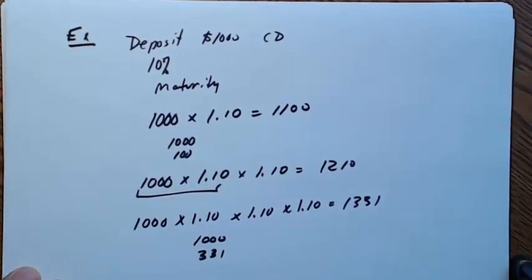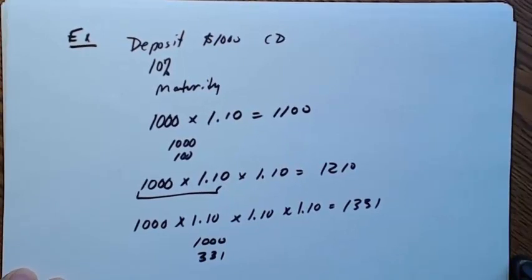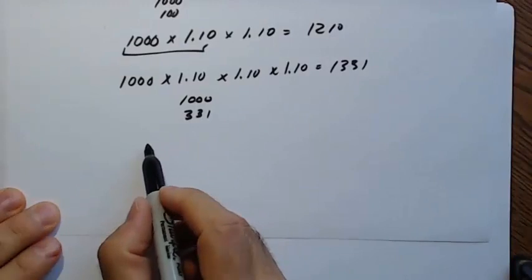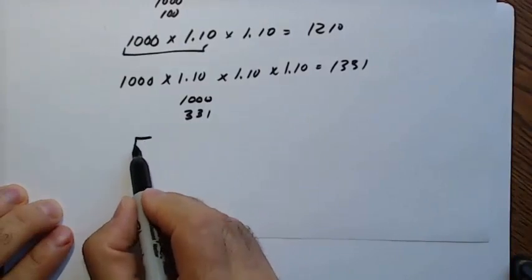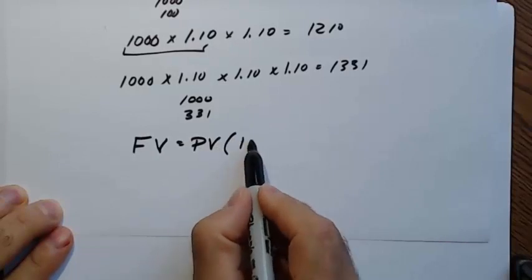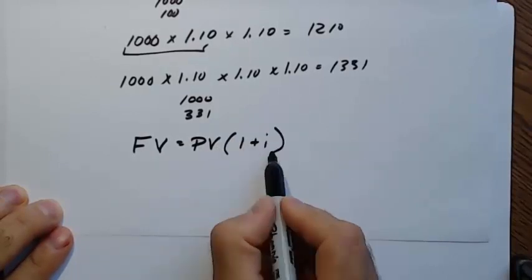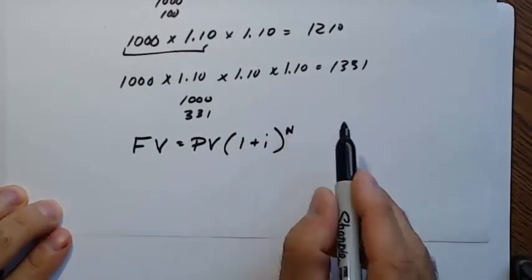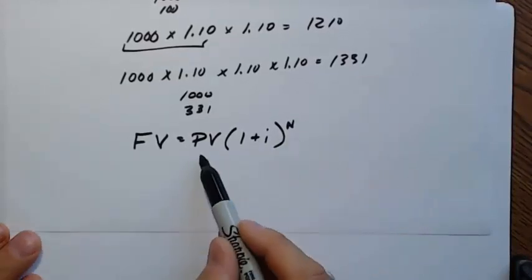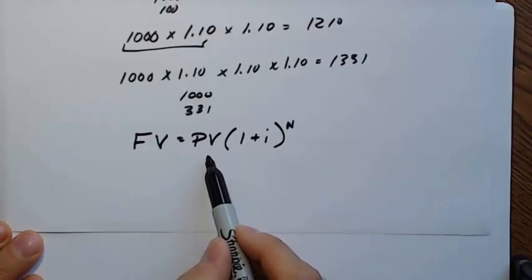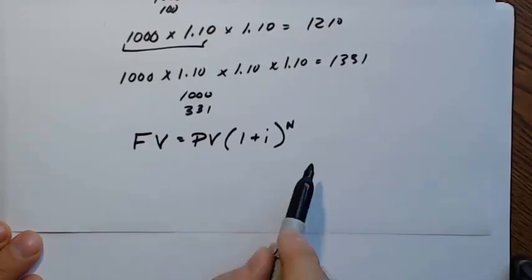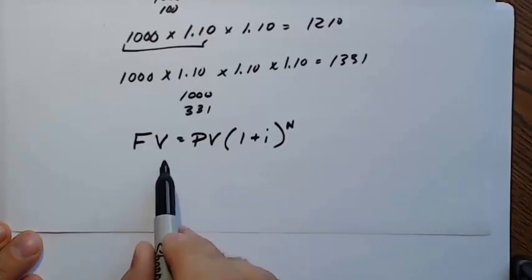Now, there is a general formula for this, and the formula looks like this. Future value equals the present value times 1 plus I to the n power. You're going to have to get comfortable with these terms because you're going to see them throughout the semester in this chapter.